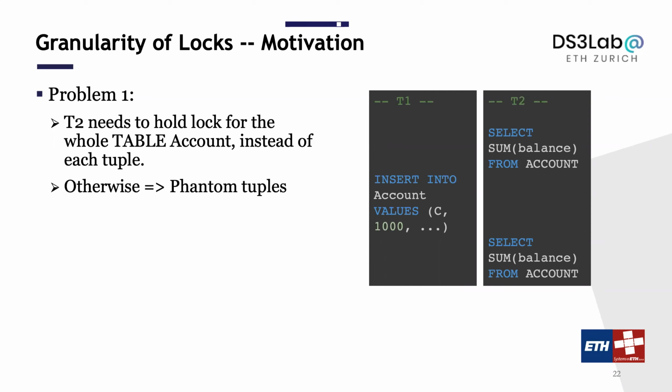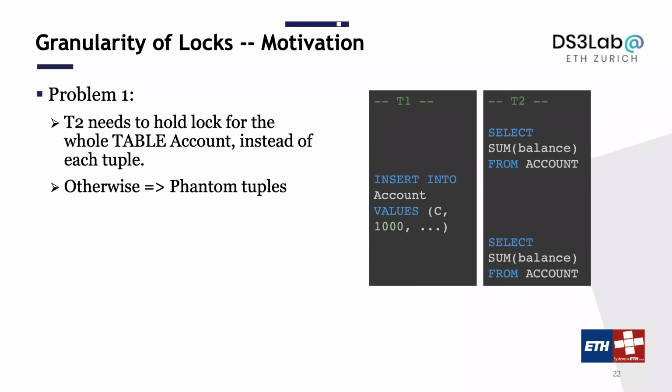If you give me these two transactions, and then you enforce locks on tuples, for example, every single time I access a tuple, I acquire the lock, what could be the problem?